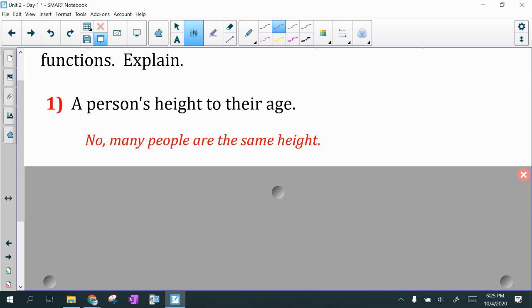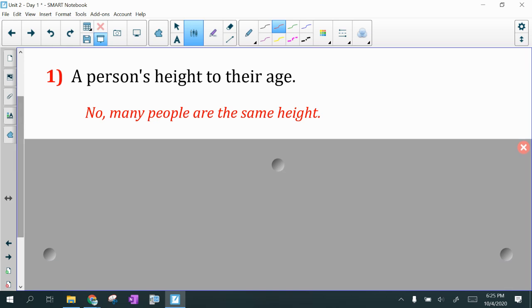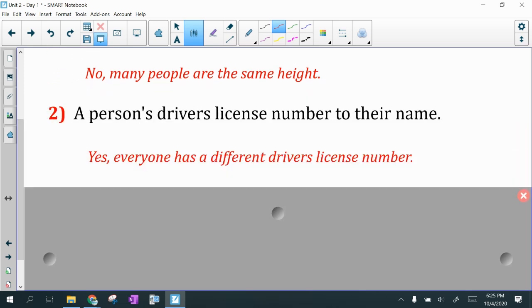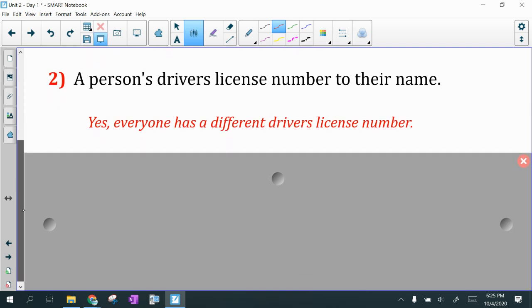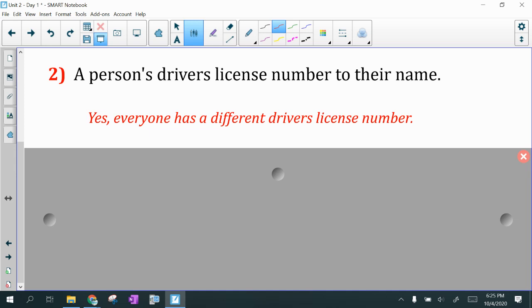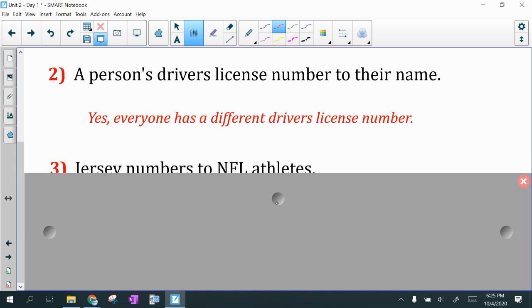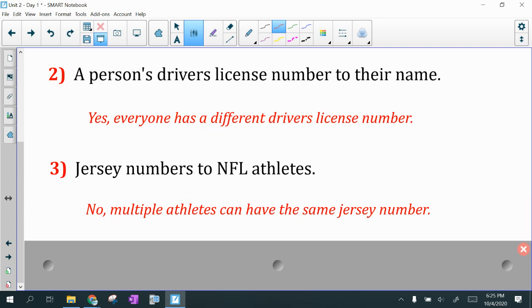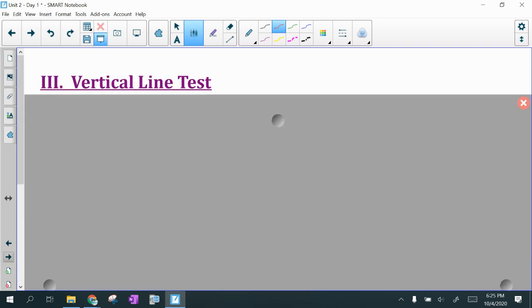So you're not going to have that sort of relationship going on there. A person's driver's license to their name. Okay, that I am going to say yes, because everyone has a different driver's license number. So if I give you a name, you will have a different driver's license number than the next person. How about jersey numbers to NFL athletes? Well, okay, multiple athletes do have the same jersey number, just on different teams. So technically speaking, we're going to run into issues there.